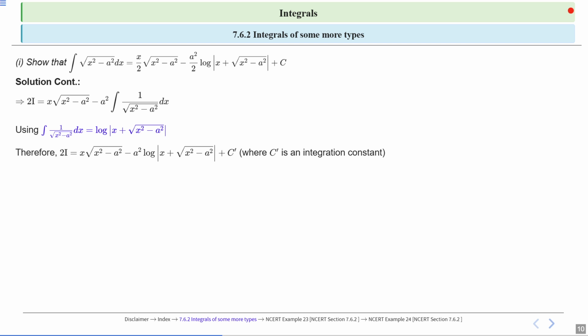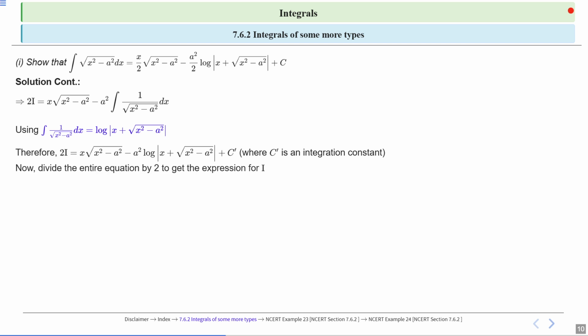therefore using this formula we get 2I is equal to x into root under x square minus a square minus a square. Just substitute the value of the integral 1 by root under x square minus a square, that is log mod x plus root under x square minus a square plus c dash. Okay, where c dash is a constant of integration.